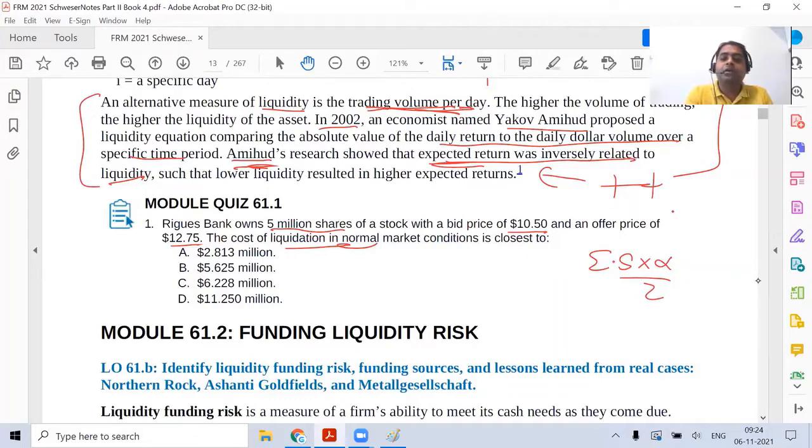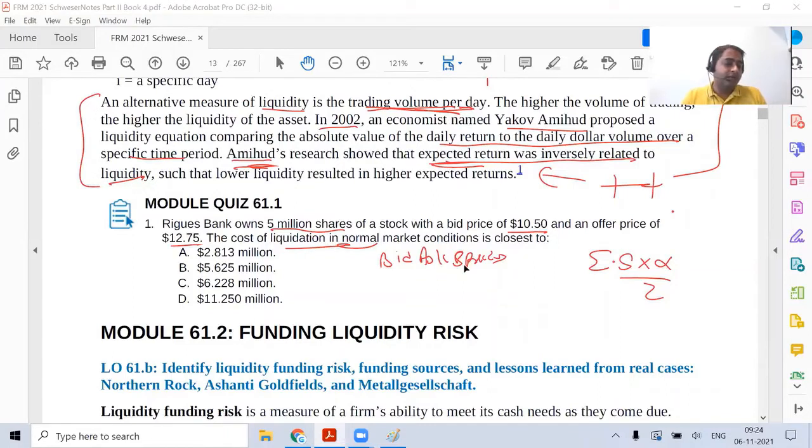First the normal bid ask spread. What would be that bid ask spread? Find the difference between 10.5 and 12.75. It's 2.25.